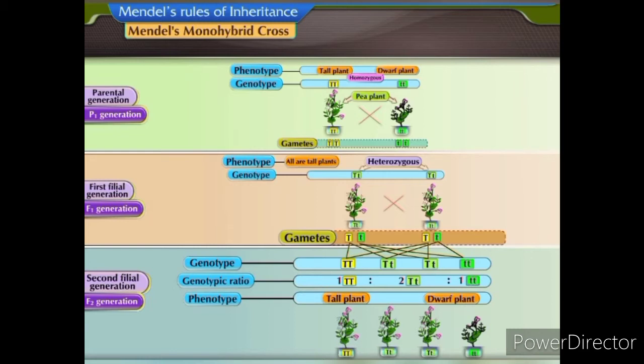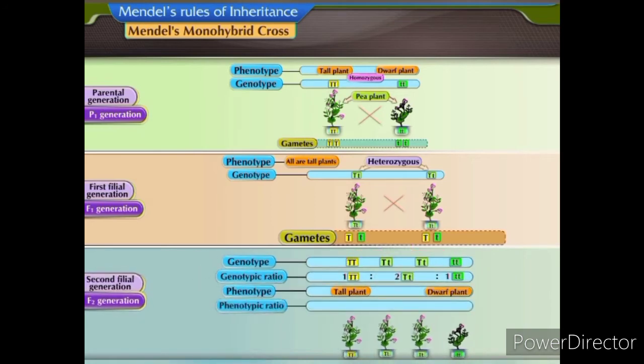As in this case, allele T for tallness is dominant, the pea plants with genotype Tt will be tall. Thus, phenotypic ratio is 3 tall plants is to only 1 dwarf plant.